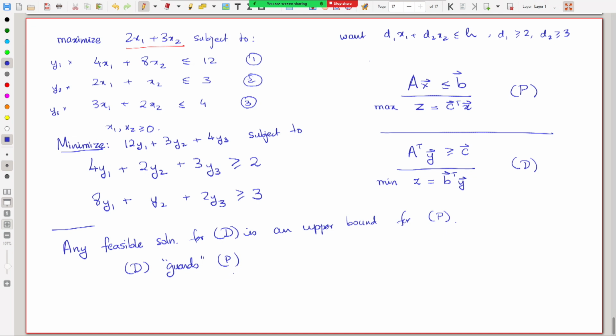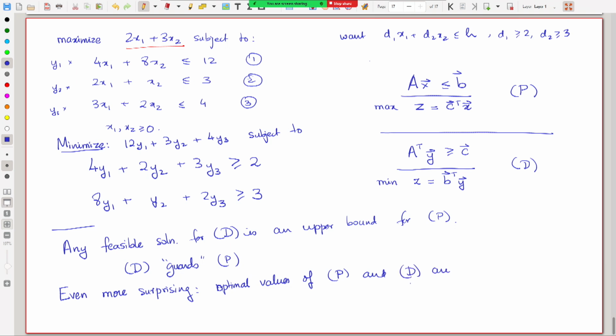Okay, but what is even more surprising? That the optimal values of P and D are actually the same.